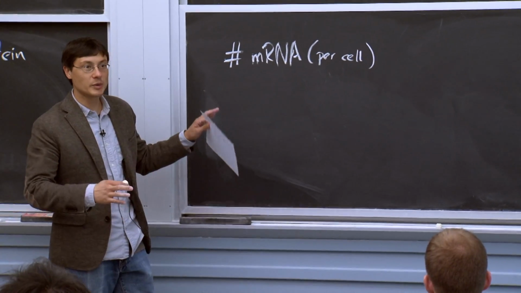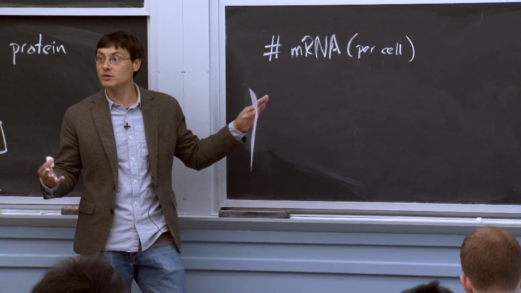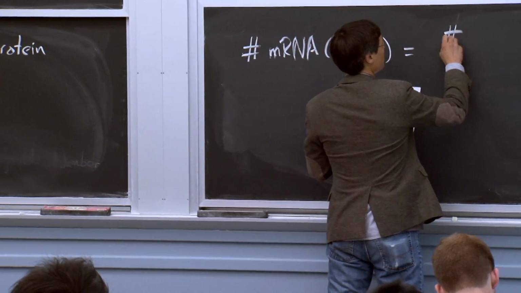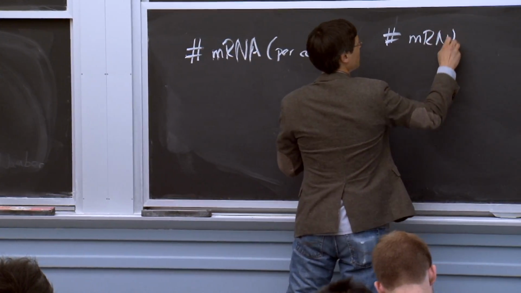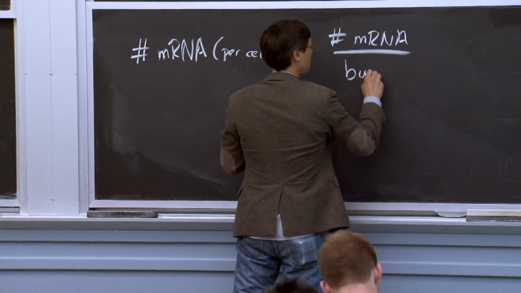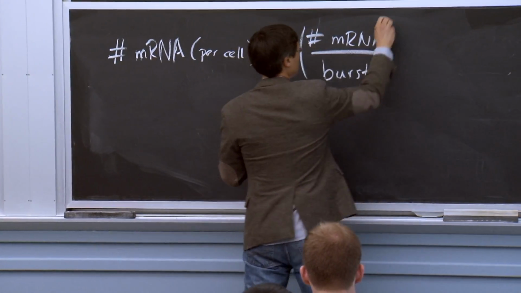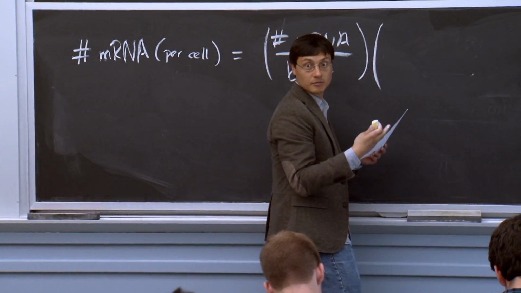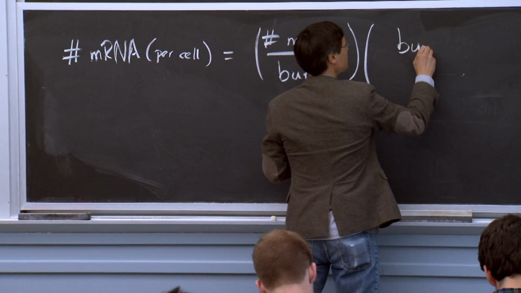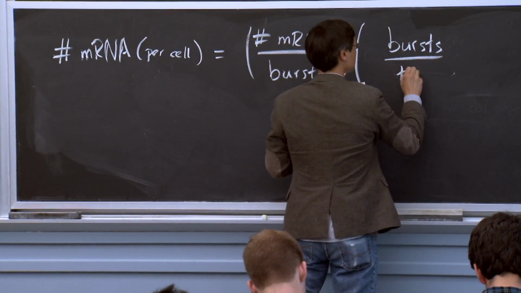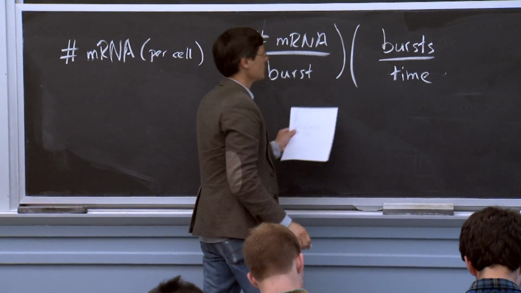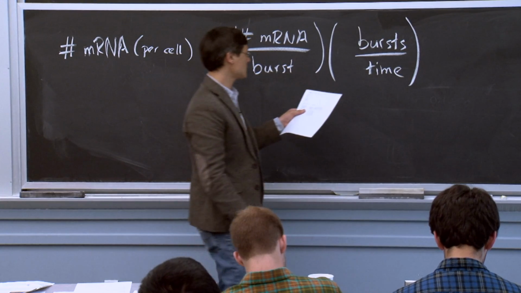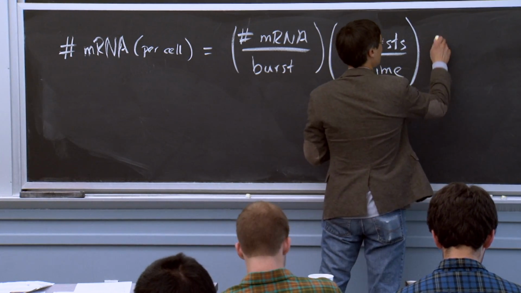But the expectation value of the number of mRNA per cell is given by the number of mRNA per burst, times the number of bursts per unit time, so some rate of the bursts, and then also times the lifetime of the mRNA.